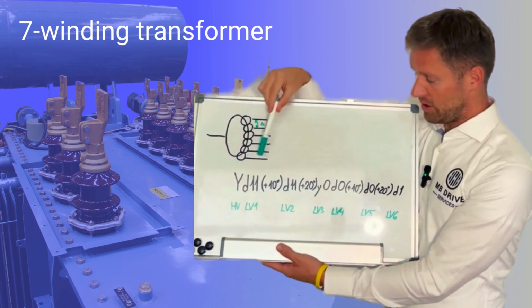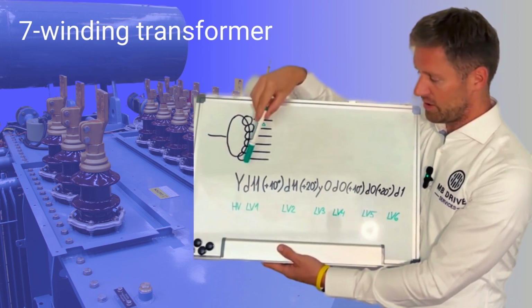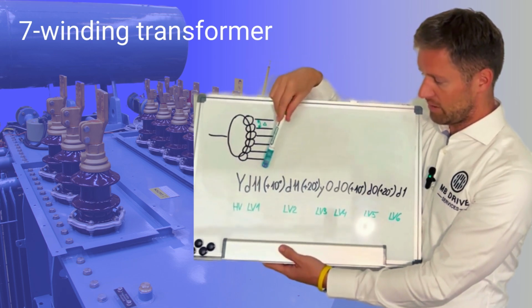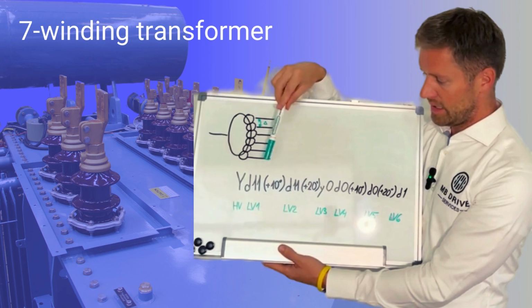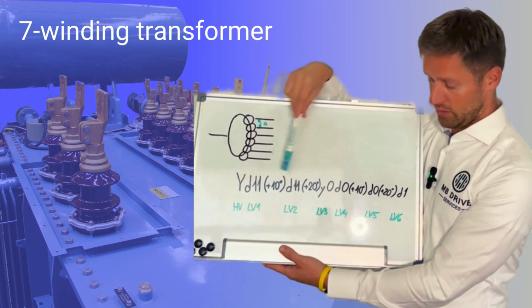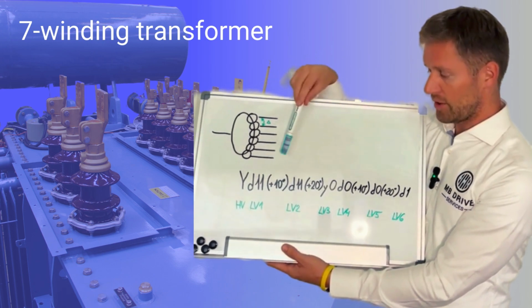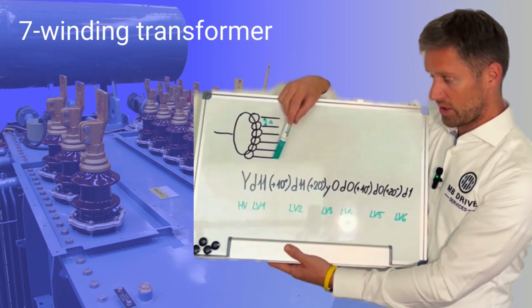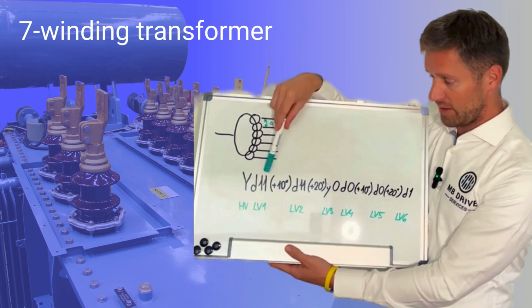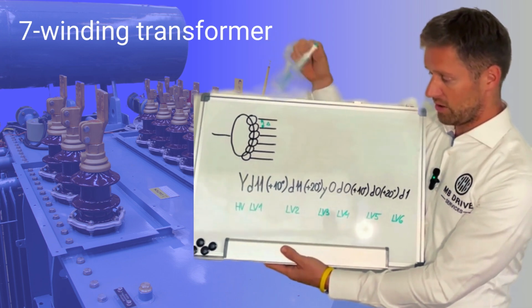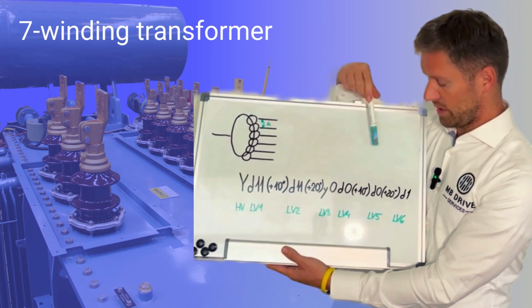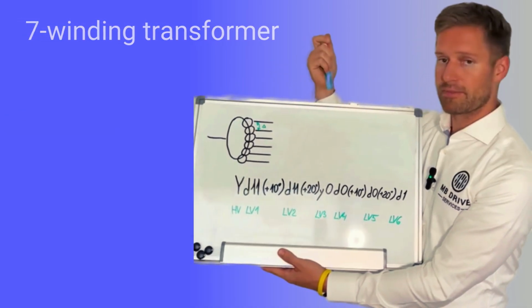One possible notation, one out of many combinations, is this one, where we have Y connected primary and we have the 6 secondaries denoted as LV1 to LV6, and you can see some of them use the extended delta connection, so it's derived from the delta, and this additional phase shift is in the brackets, and then we have normal delta and we have star connection.